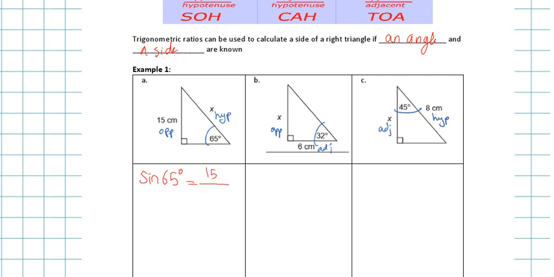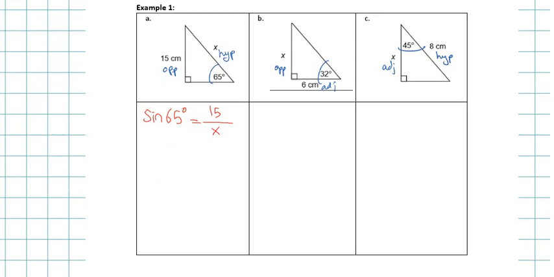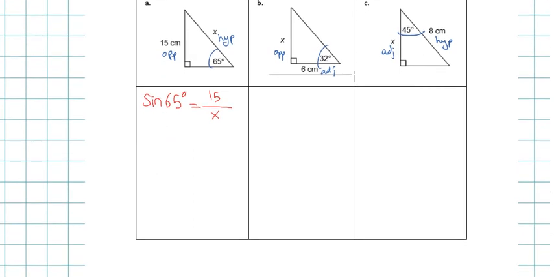So we do cross multiply, right? If you cross multiply, then it will be x times sine 65. Would I be done? No. I have to do one more step. Sometimes it's easy: if x is in the numerator, then you cross multiply and you'll be done.